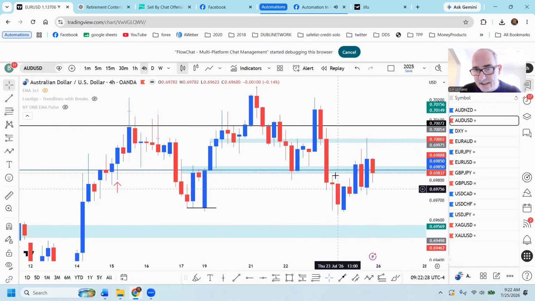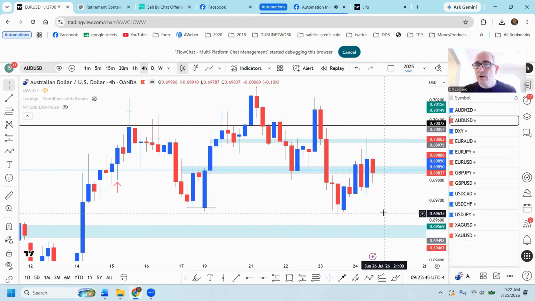This candle right here is the first candle to open and close below here. So our last break of structure or change of character is to the downside. Right now we are bearish. I am bearish on AUD USD, so I would only be looking to take sells.